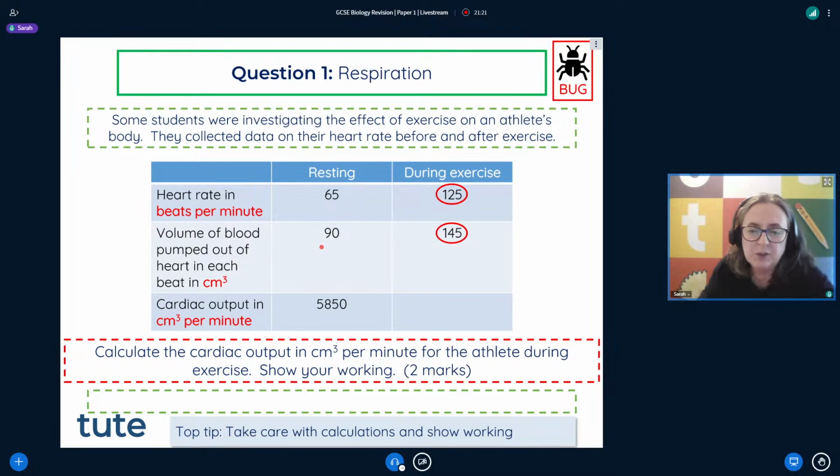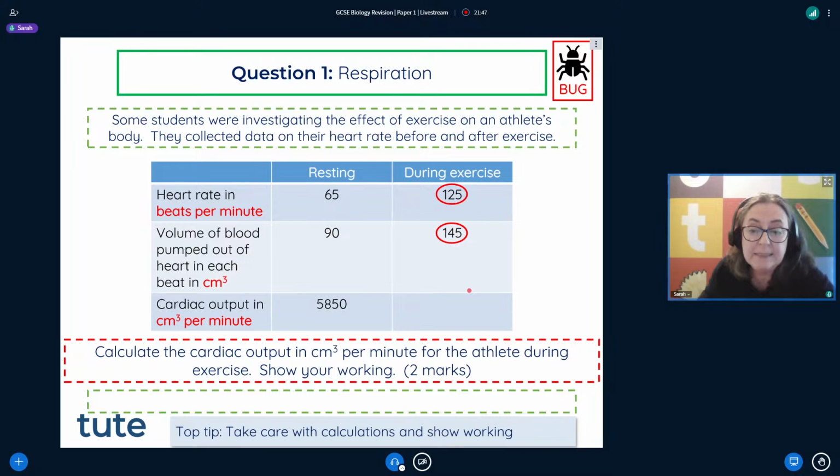Okay, so what we have to do here is look at the heart rate in beats per minute during exercise. We look at the volume of blood pumped out by the heart in each of those beats. And basically what we know is that the cardiac output is the centimeters cubed pumped out per minute. So you know how many beats and how much each of those beats is going to produce in volume.